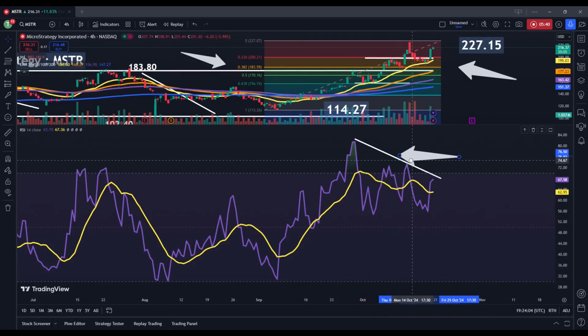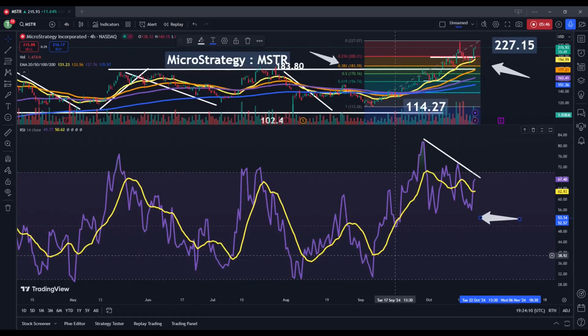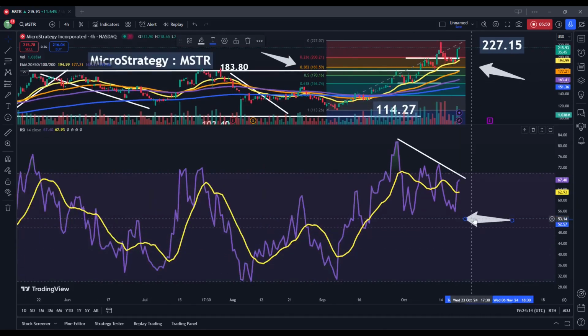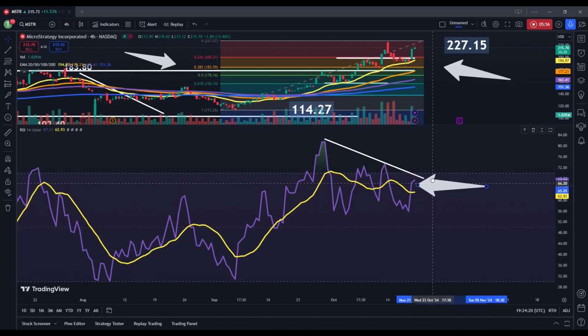And then the second aspect here is that this downtrend line is very short term in nature. We are looking at a 4-hour price chart here, so it's not exactly a short term price chart, but this momentum reading is not exactly long term. It is somewhat short term in nature, and it's actually being threatened at the moment.